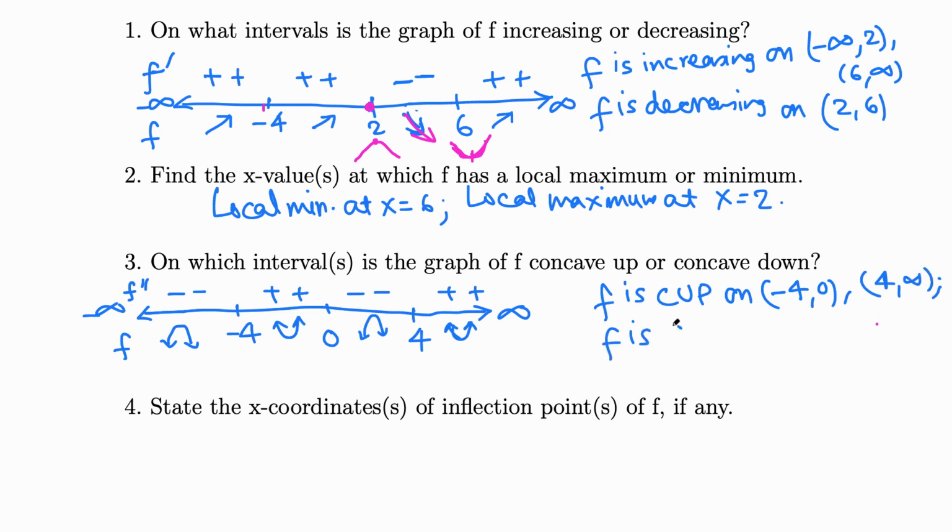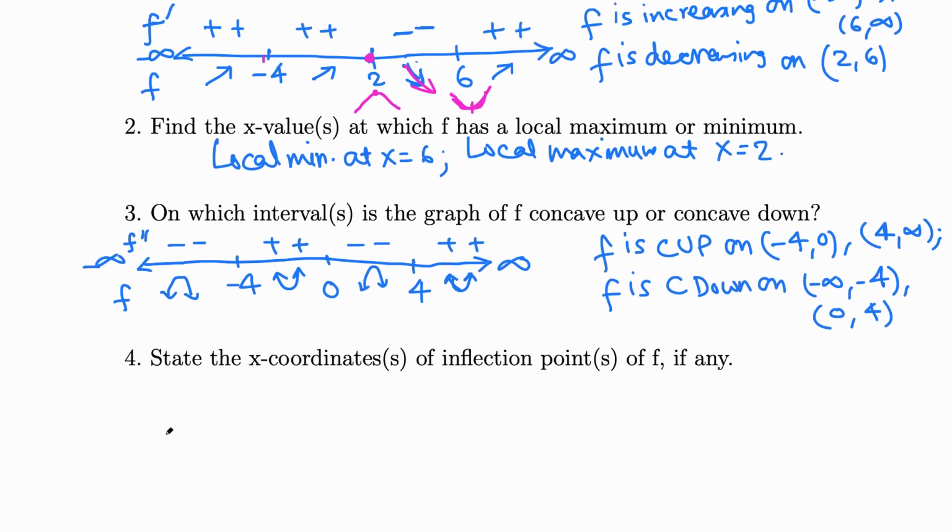F is concave down on negative infinity through -4, and 0 through 4. Do not use a union sign; some people write it, but that's not correct. That's it for part 3.